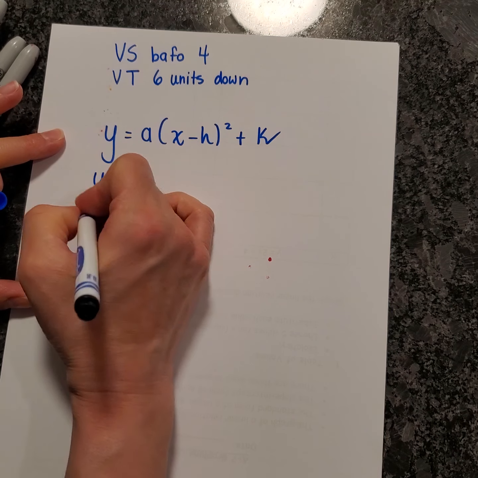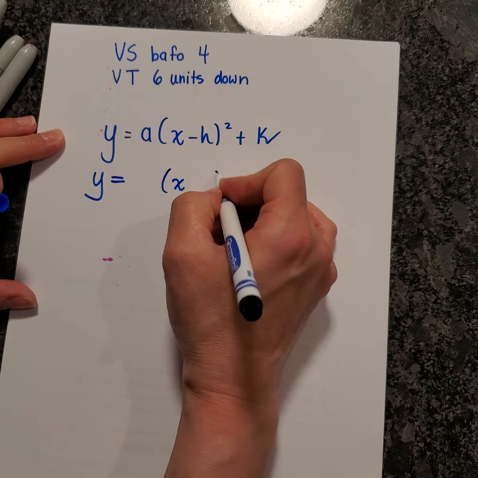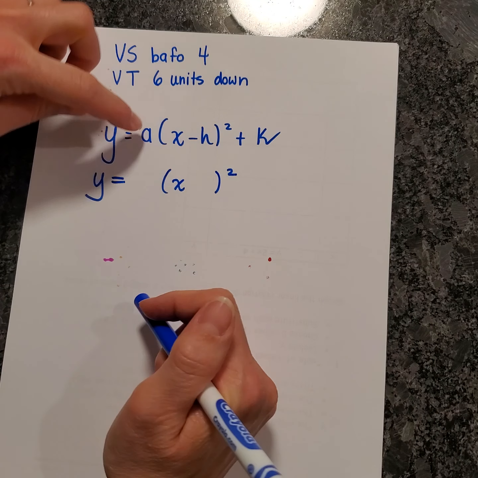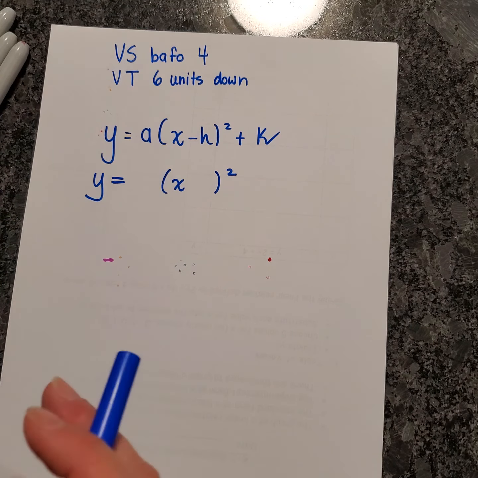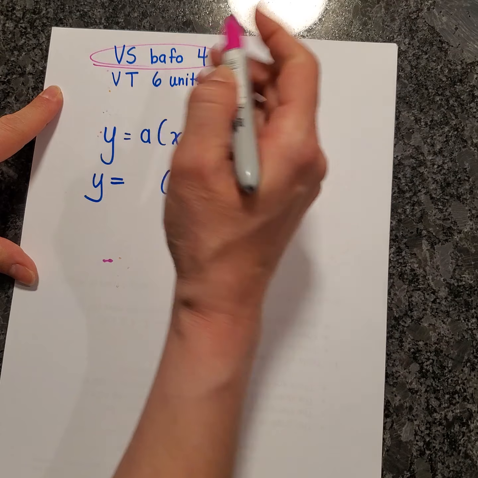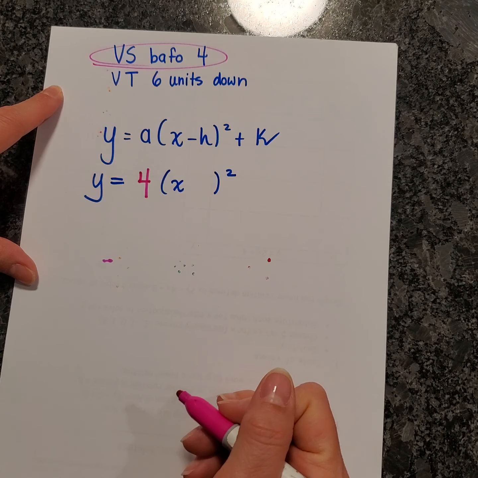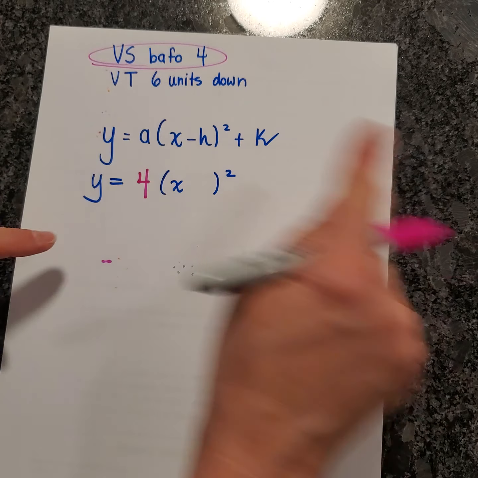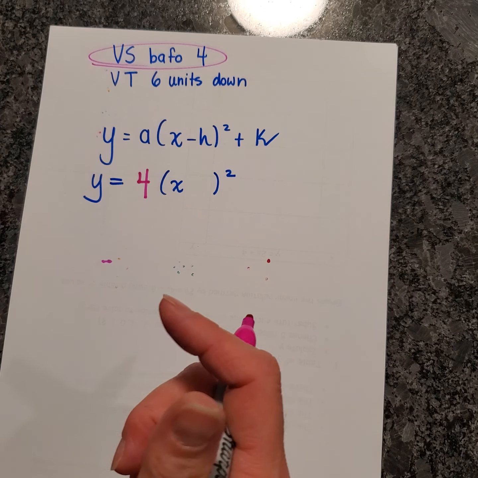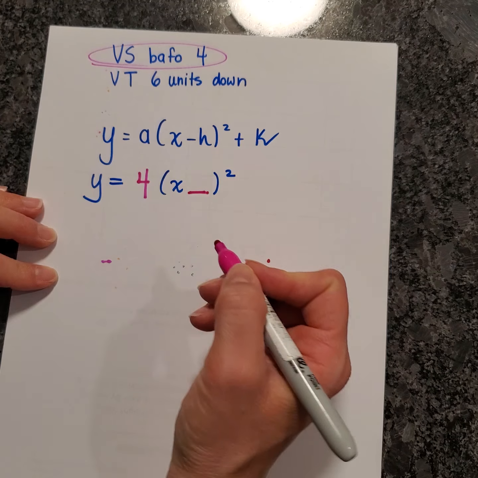So, okay, I'm going to have to fill in my A, my H, and my K. The fact that it wasn't reflected means that's not going to be negative, no problem. A vertical stretch by a factor of 4 means a 4 goes right there. Cool. Now, this quadratic relation was not translated left or right. There was no horizontal translation, so nothing goes in here.